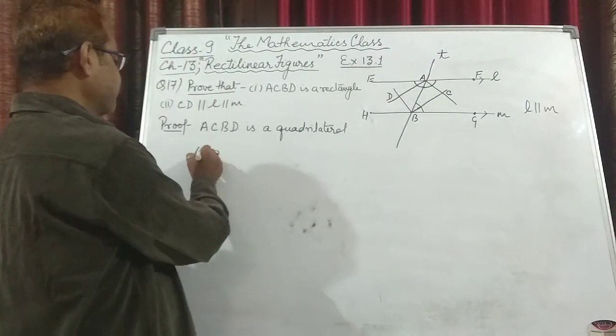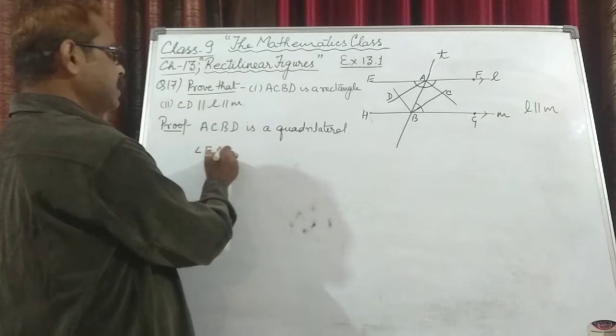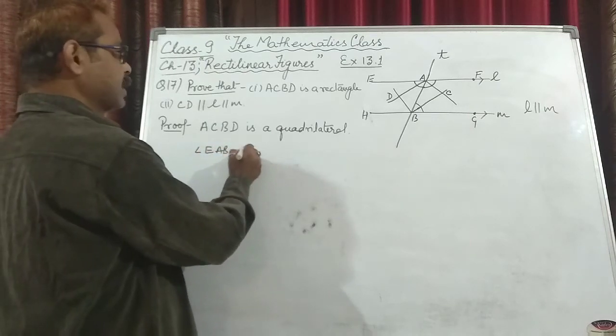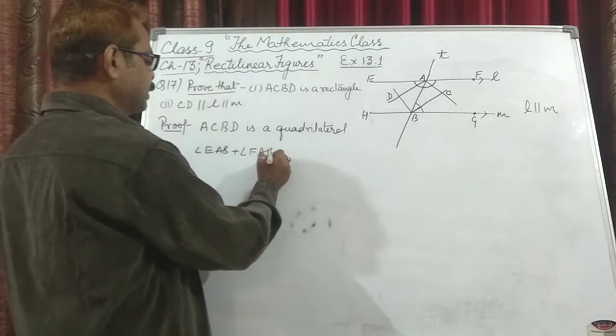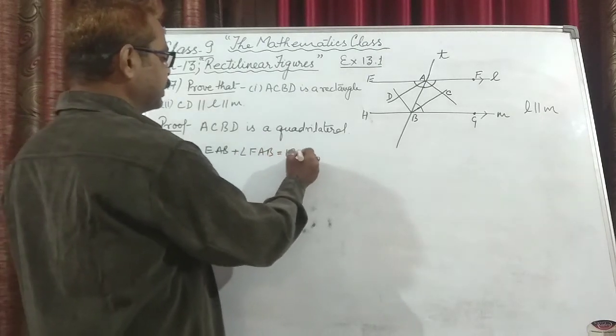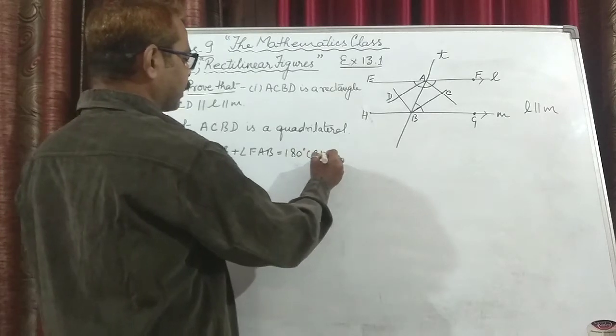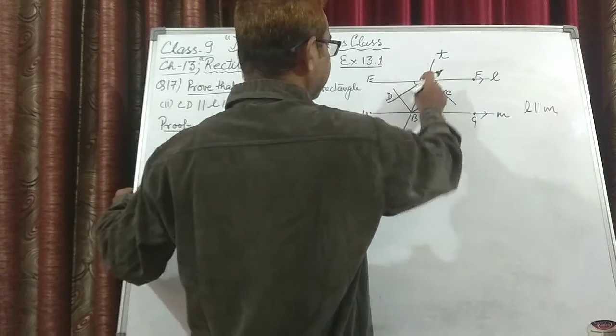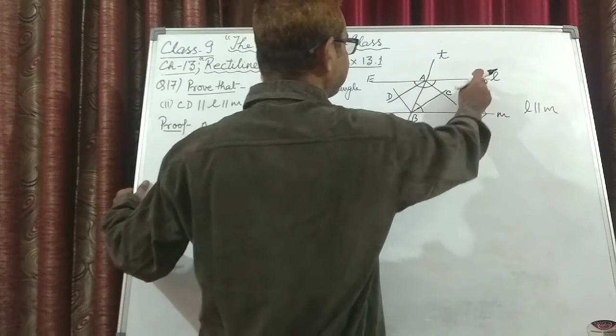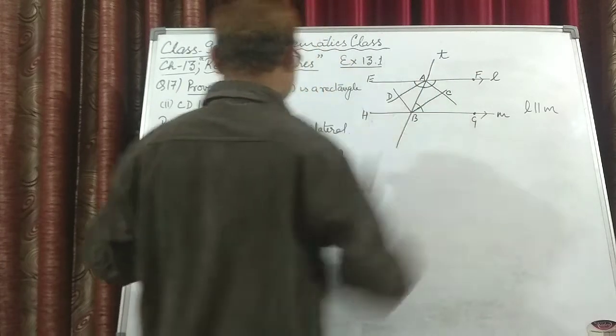So we can say angle EAB plus angle FAB is equal to 180 degrees. Reason: straight angle. EAB and FAB together form a straight angle.